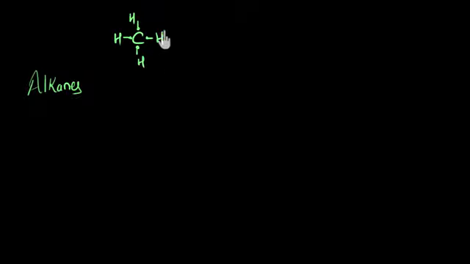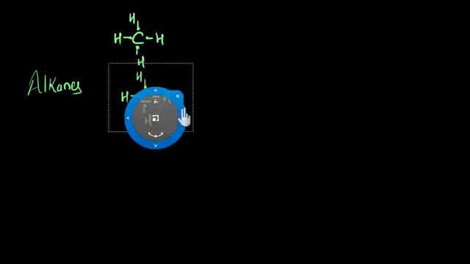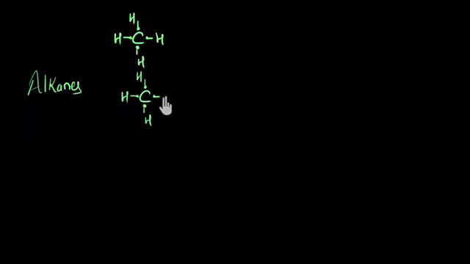I can keep on replacing a hydrogen atom with another carbon atom and keep on elongating this chain. Something like this. Here I replace a hydrogen atom with another carbon atom. So here this carbon is sharing 1 electron with this carbon, and it will be sharing the rest of the 3 electrons with hydrogen atoms.